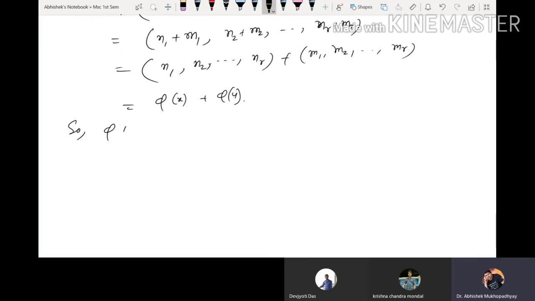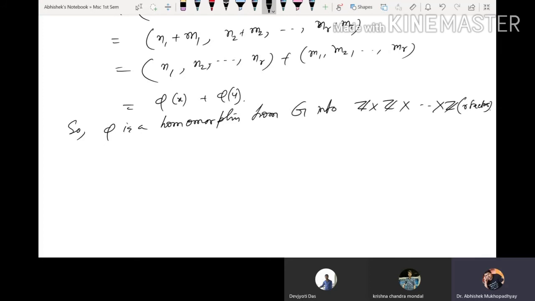So phi is a homomorphism from G into Z cross Z cross Z, r factors. Now by definition, phi is onto.